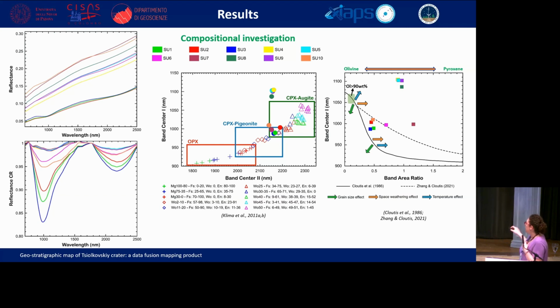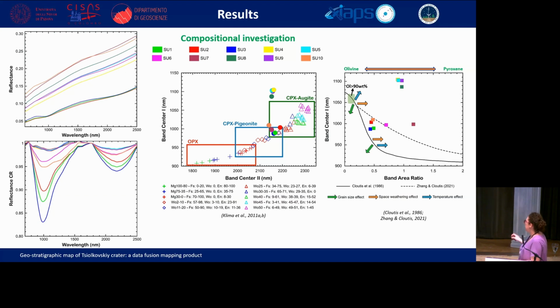Four units instead present a shift of band center 1 toward longer wavelengths, indicating the contribution of another component. To investigate if olivine could be responsible for this shift, we calculated the band area ratio and plotted it versus band center 1, superimposing the olivine-pyroxene mixture trends by Cloutis et al. and Zhang and Cloutis.